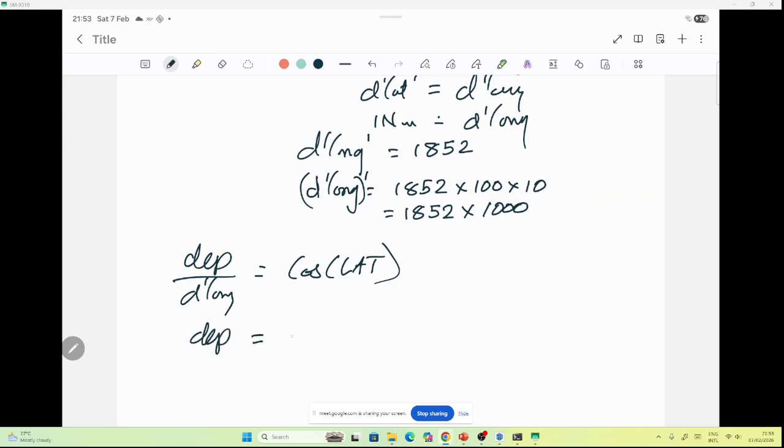So d long in millimeters is 1852 into 1000, and cos 60 degrees. Cos 60 is how much? 0.5, yeah, half.